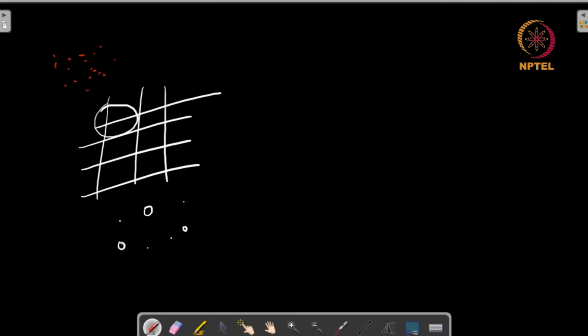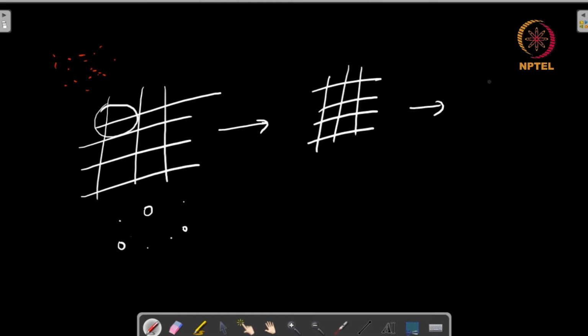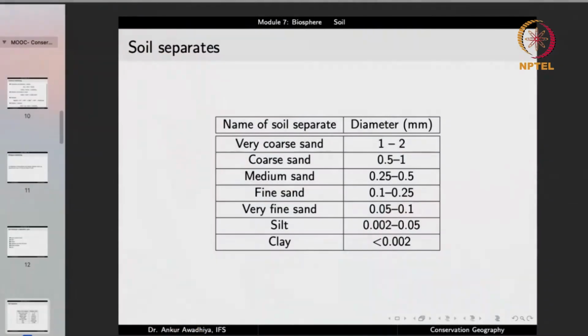So in this way, we can use sieves or meshes of different sizes. We have a coarse mesh followed by a fine mesh followed by an even finer mesh. And in this way, we can separate the soil into its constituents on the basis of their sizes.